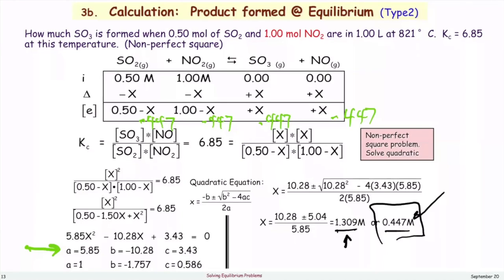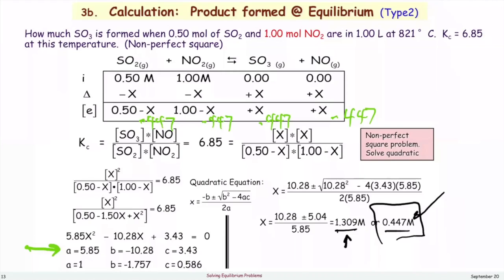So if you divide the whole thing by 5.85, then you get 1 for a. 10.28 divided by 5.85 is 1.757 for b, and 3.43 divided by 5.85 equals 0.586.